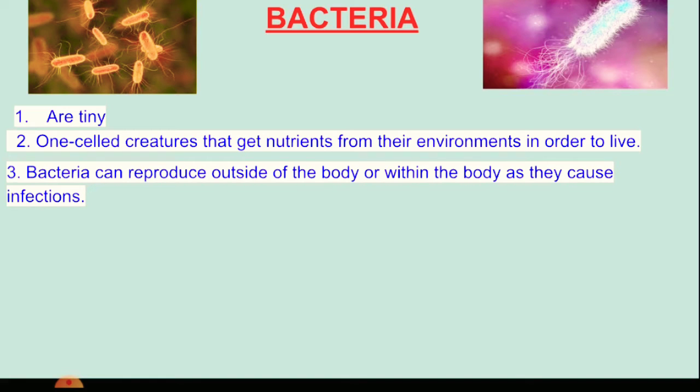Bacteria can survive and also reproduce, from 1 to 2, 2 to 4, 4 to 8, 8 to 16, and so on. It can reproduce inside the human body, and when it enters, the individual becomes sick. Outside also, in the air, in the water, on surfaces, bacteria can reproduce.